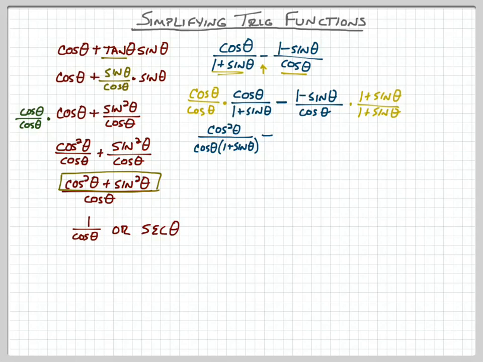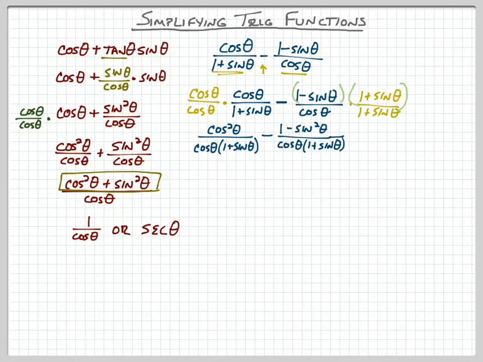If you notice, we have two factors that are similar to the difference of two squares: 1 plus something, 1 minus something. From our quadratic work, we can simplify this very easily to 1 minus sine squared theta, and we still have the same denominator as the other term.